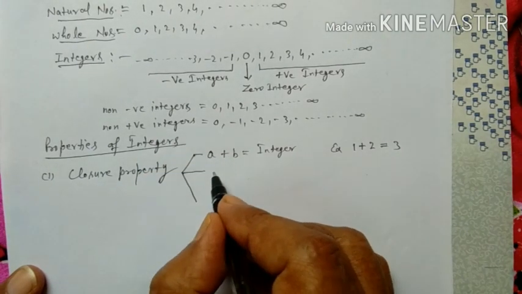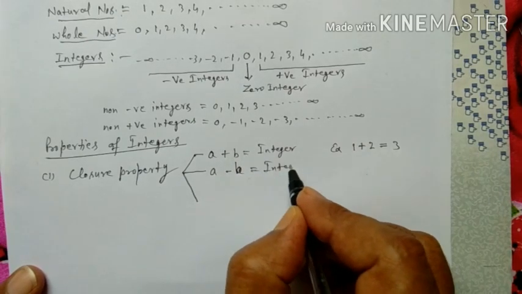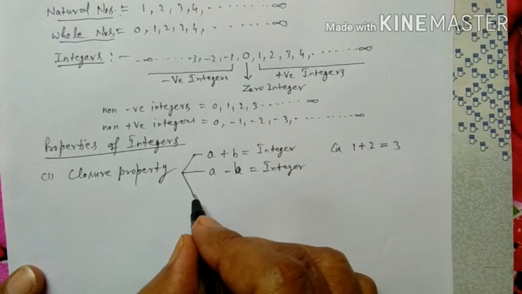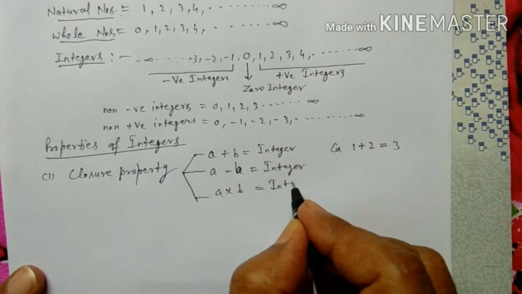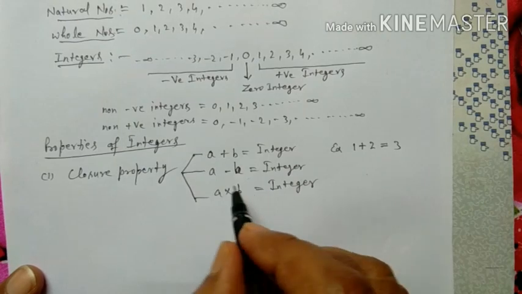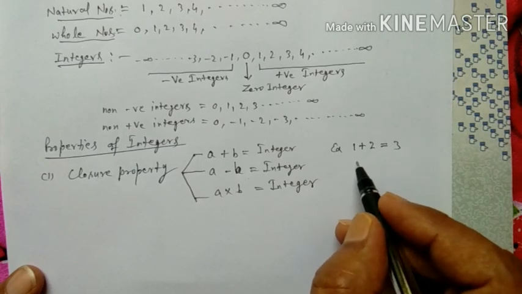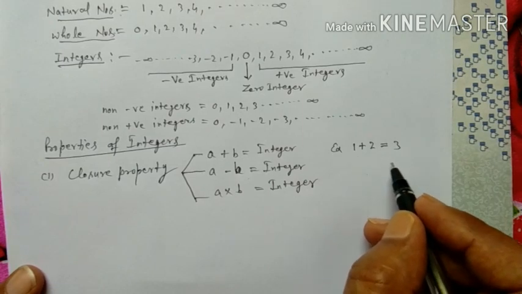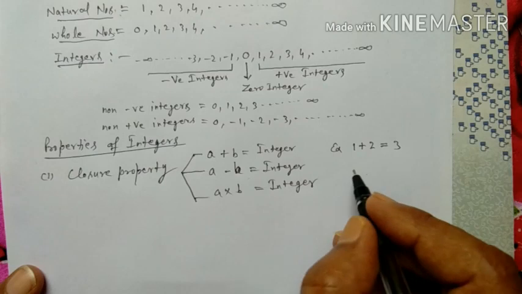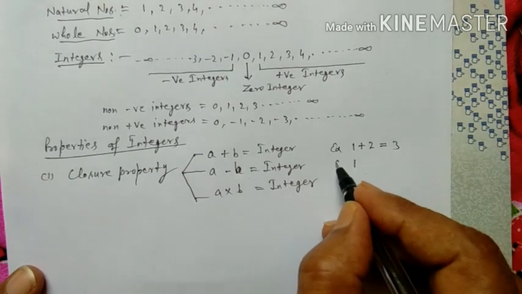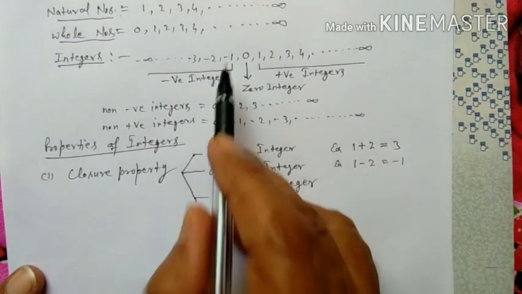Similarly, in the case of subtraction, a minus b is also an integer, and a into b is also an integer. You can see from this example, when you subtract 1 minus 2, you will get minus 1. Minus 1 is also an integer.